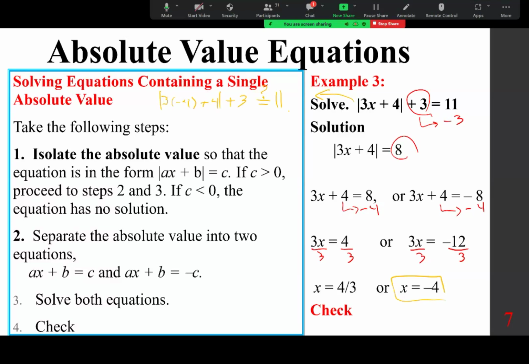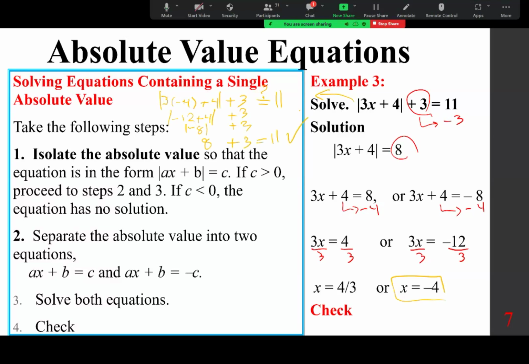So I'm going to simplify the left side. 3 times -4 is -12 plus 4 is -8, the absolute value is 8, plus 3. Yes, it's equal to 11.